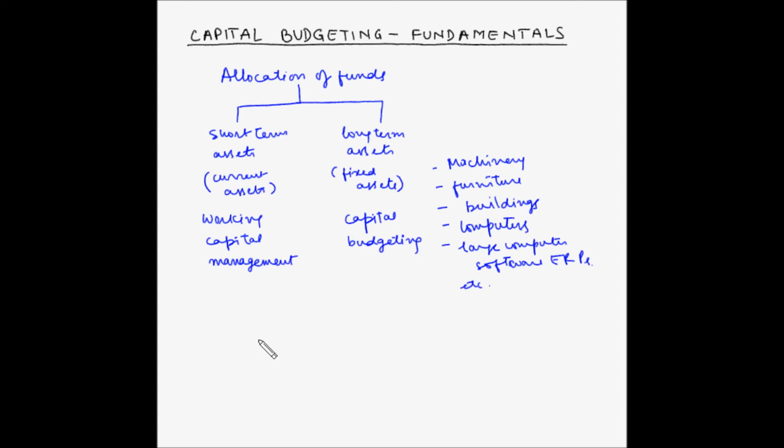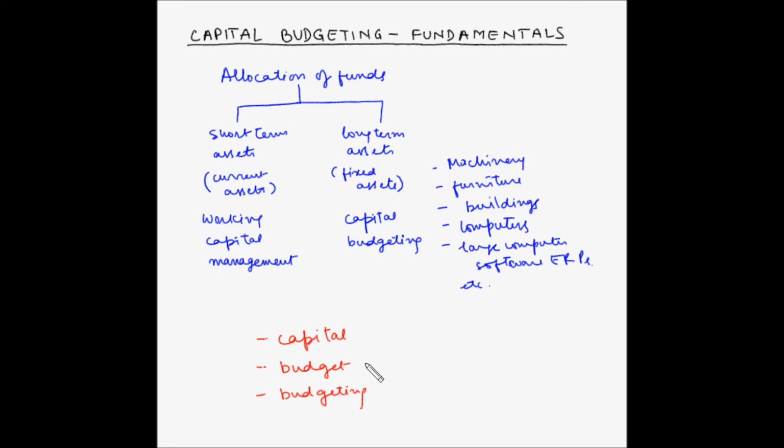Now let us understand the term capital budgeting in a different way. So capital budgeting can be broken into three parts. First is capital. Second, I would say is budget, and the third is budgeting. So here the term capital refers to long-term assets used in business operations.